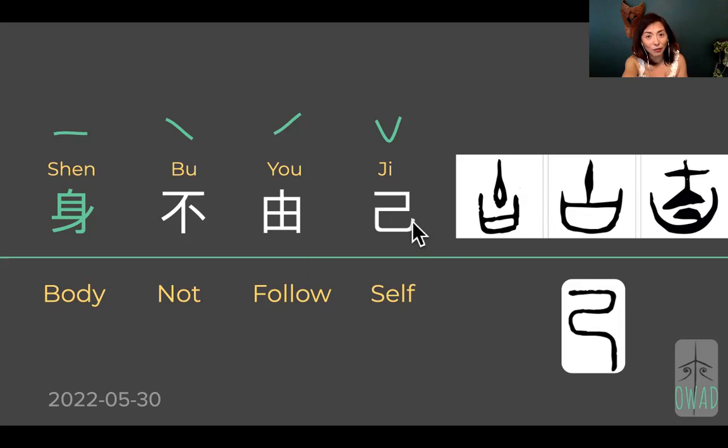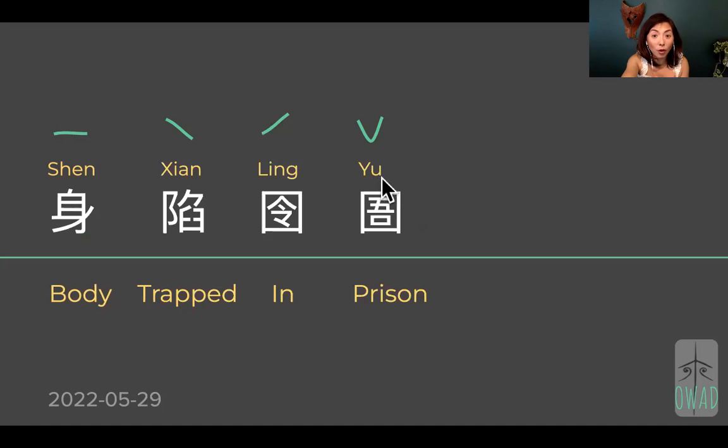Okay, 己. This is another self-referral. Last time we talked about 吾, and without the block, take out the mouth inside this complicated structure with the number 5 character on the top, which is the sound maker actually, and with the mouth below, the number 5 and the mouth together mean, sound 5, it's a self-referral, means me.